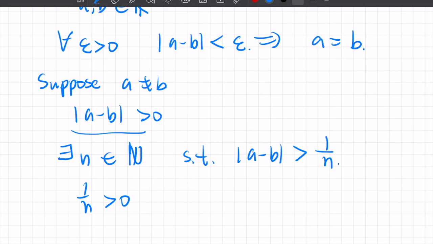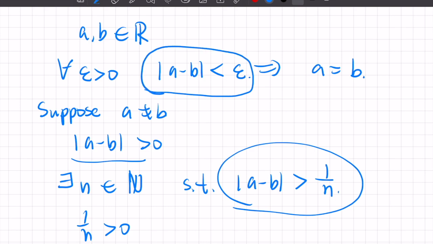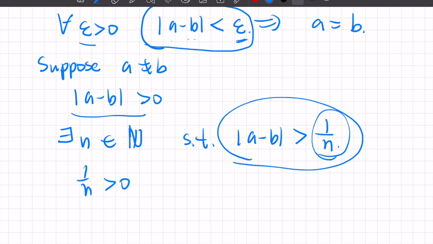So this contradicts this statement, right? It says for any positive real number epsilon, |a minus b| must be less than epsilon, but it is greater than 1 over n, which is a positive real number. So it's a contradiction. Therefore, a must be equal to b.